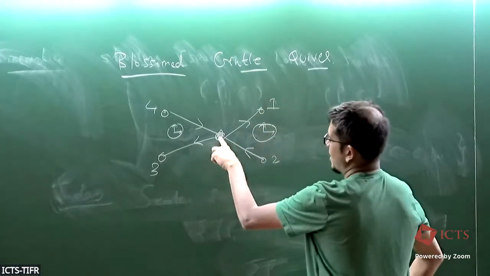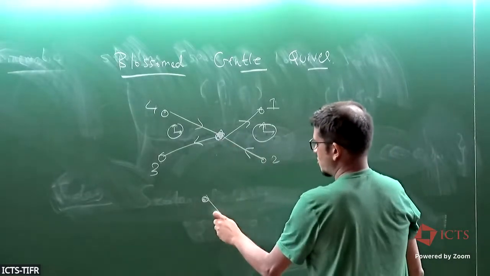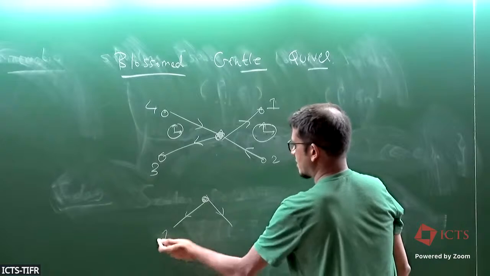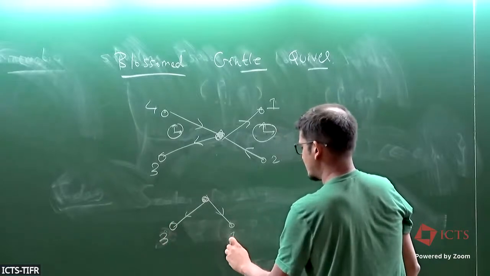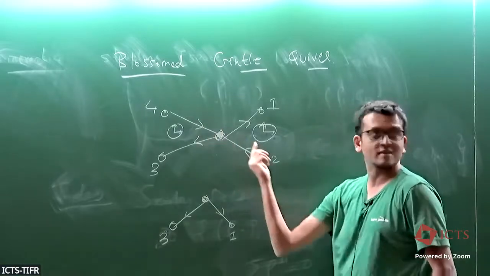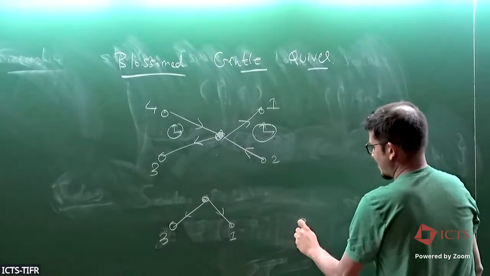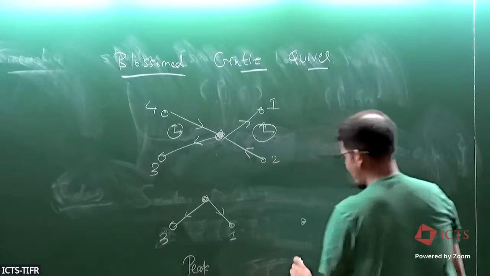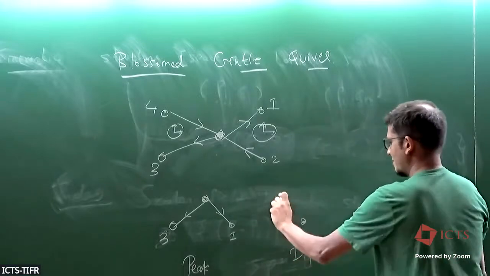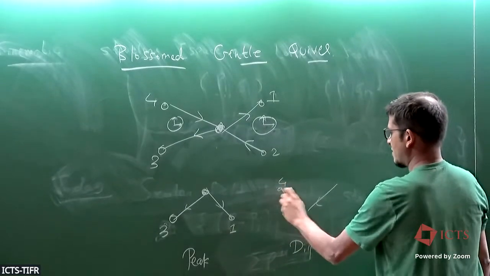So this is what is called a peak, a dot where you shoot outwards. But that doesn't happen with the other one, where they are incoming. This is what we call a peak, and this is what we call a dip. And this is 4, and this is 2.